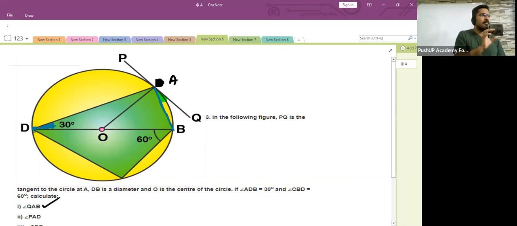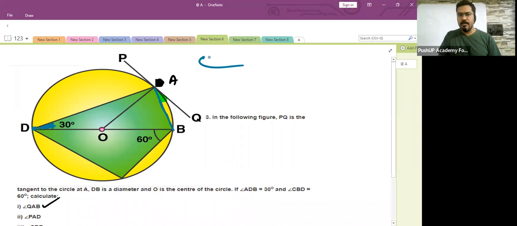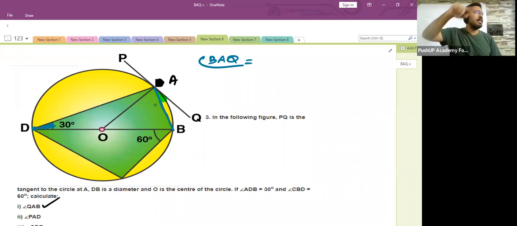And they are asking us to find what? Angle BAQ. And what is angle BAQ? It is the angle subtended between the chord AB and the tangent AQ.